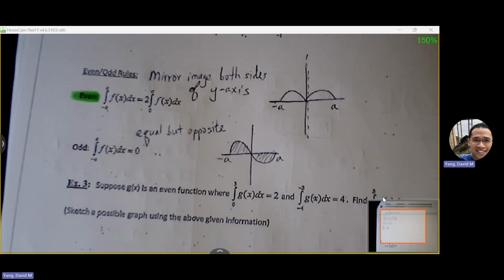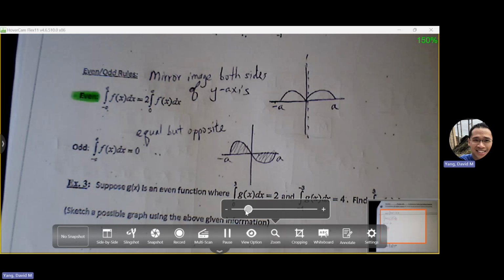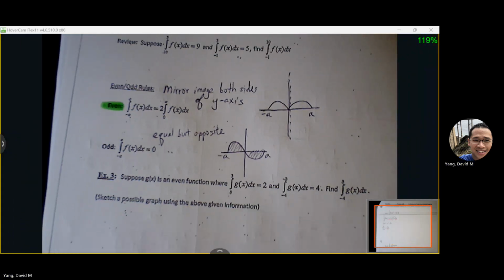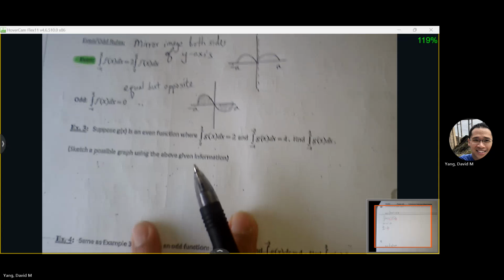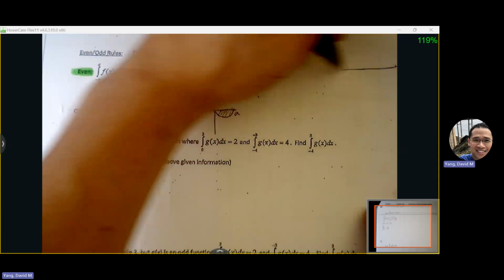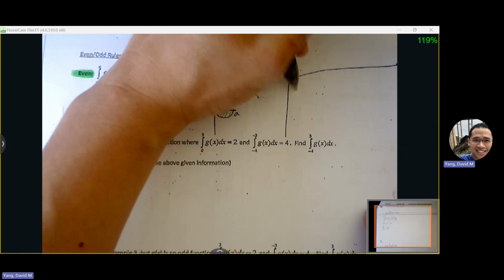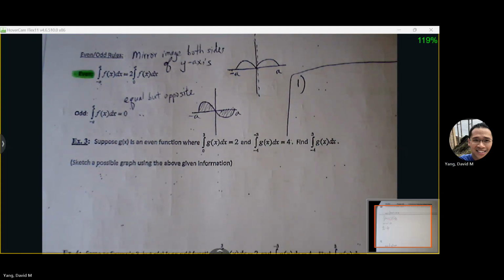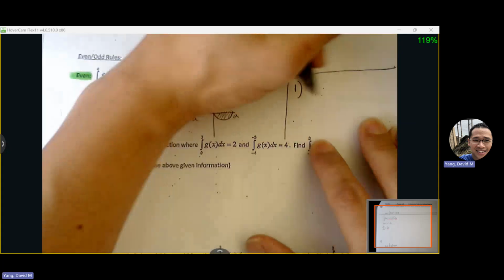Okay, let's talk about strategy for finding this information. It's going to require us to sketch portions of the graph. And here's the order that I want us to do it in. First step is you're going to graph the shorter interval.